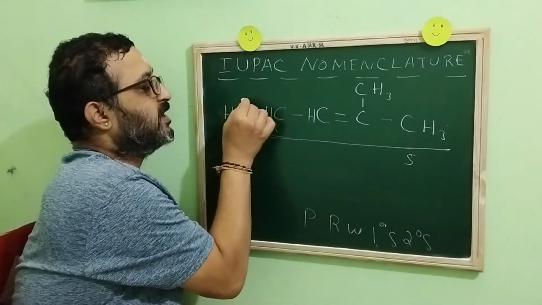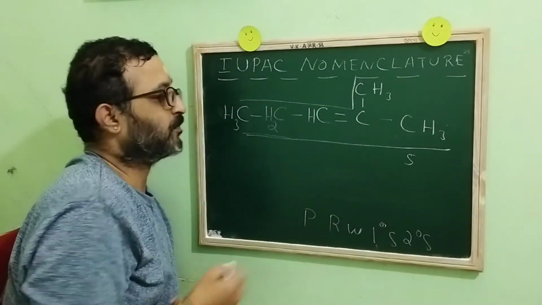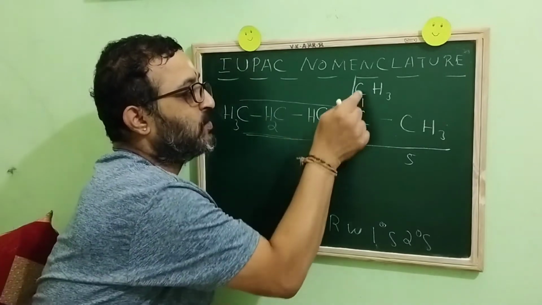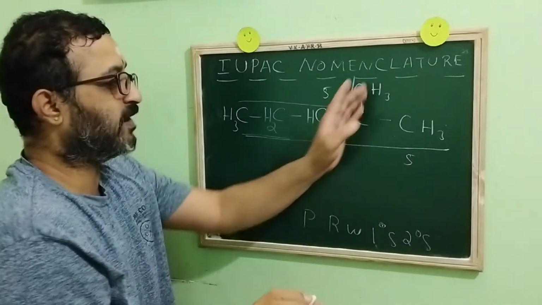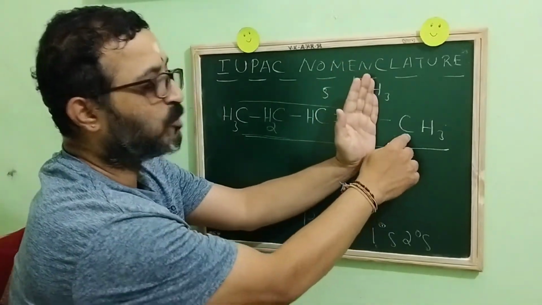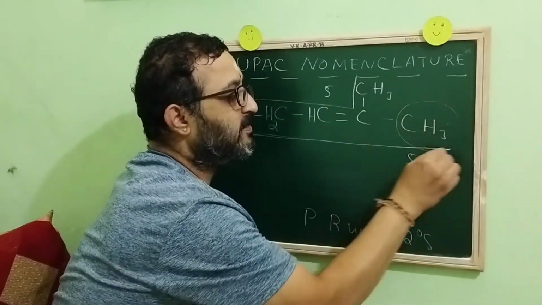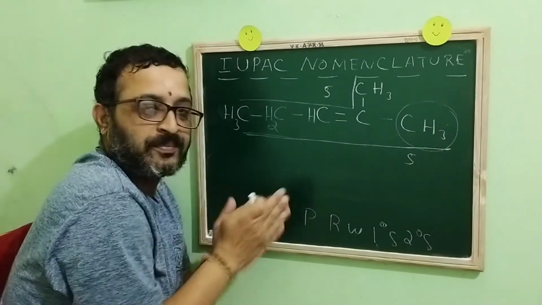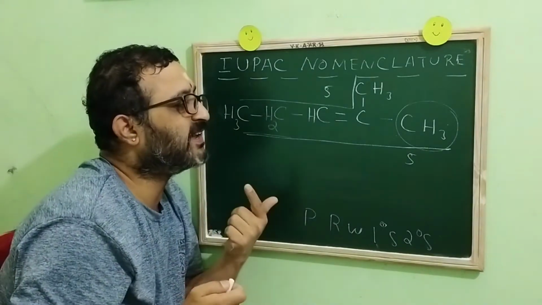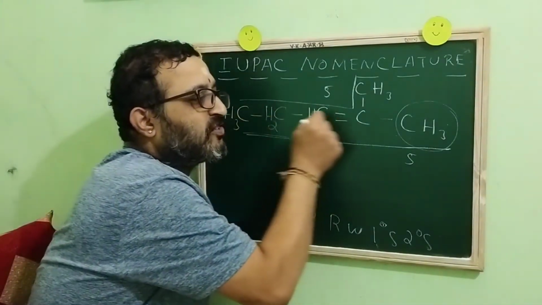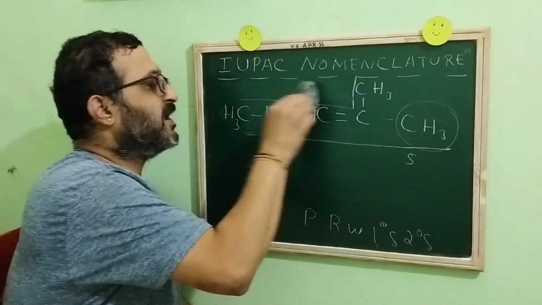Now suppose I consider this as the parent chain, 1, 2, 3, 4, 5, this time also I am getting 5 carbon atoms, right? And a methyl group is attached. Now, in both the directions I am getting 5 maximum. In that case, I will consider the straight chain as what, children? Parent chain.